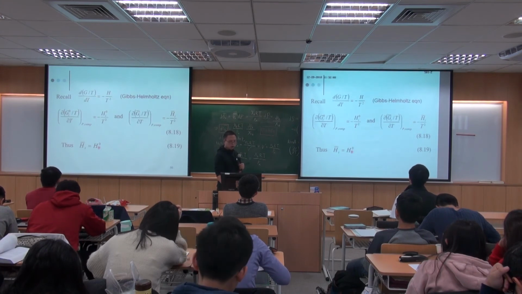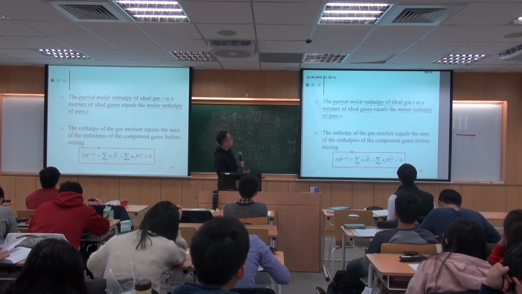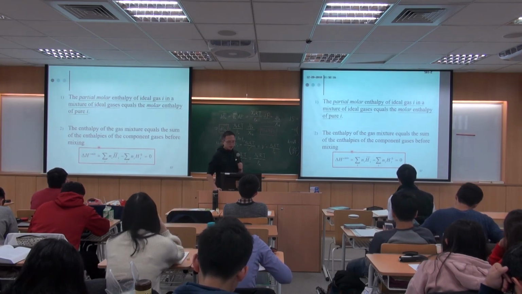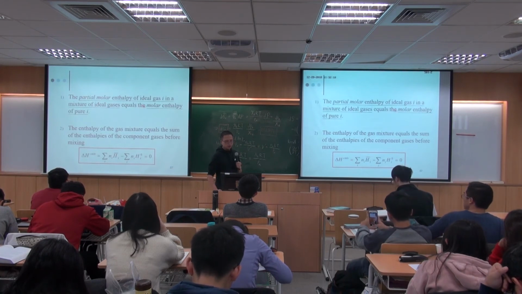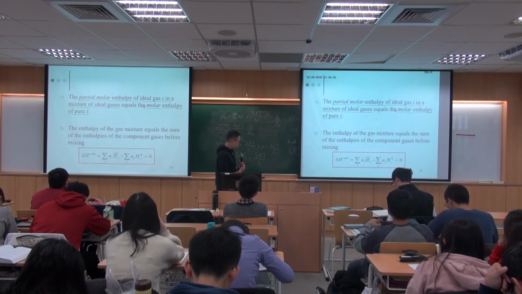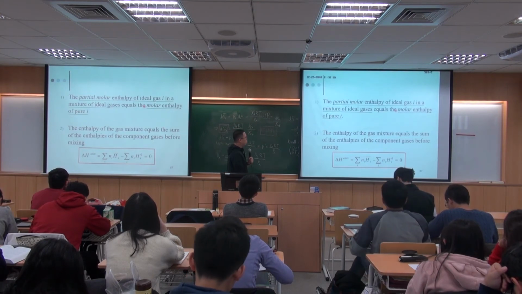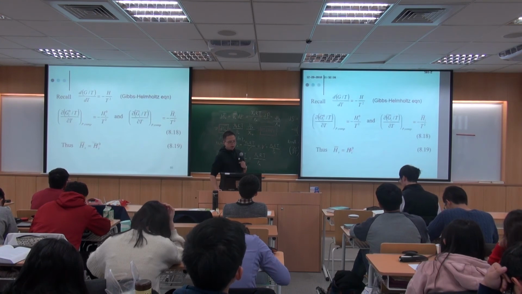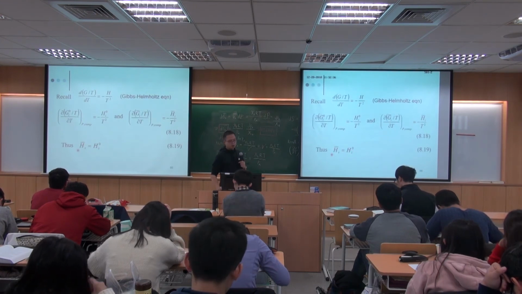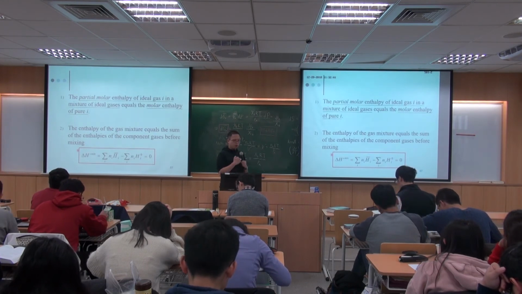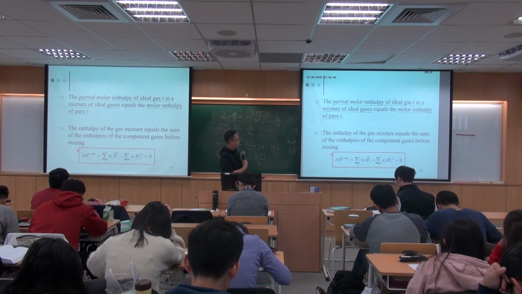This is one thing that we derived: the partial molar enthalpy of an ideal gas for some species i in a mixture of ideal gases equals the molar enthalpy of pure i, which means that during the mixing process of these ideal gases, there's no change in enthalpy, because before mixing and after mixing, they are the same. So there's no change in this enthalpy when you mix these ideal gases.